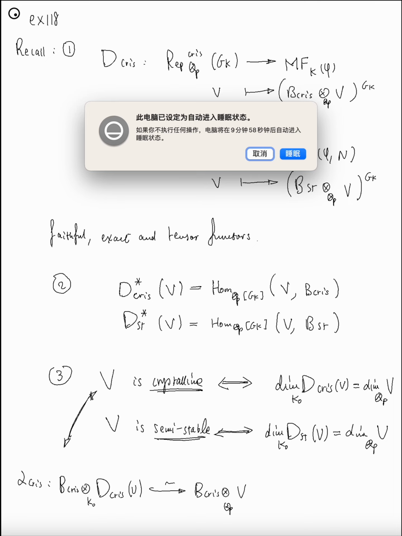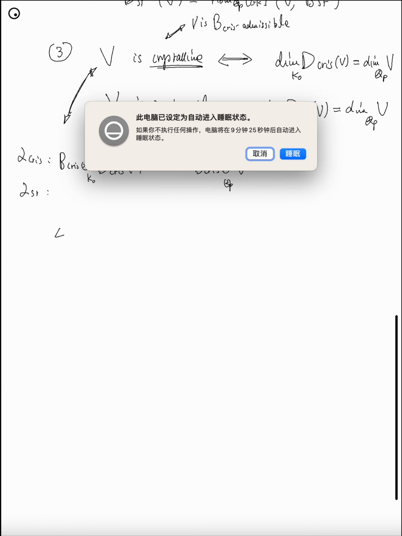Correspondingly, you could imagine for alpha_st there is an isomorphism. So actually this is what we define semi-stable to be, to be admissible, right? Which means crystalline is equivalent to B_cris-admissible. Why it's called semi-stable if it's B_st semi-stable, admissible, sorry.